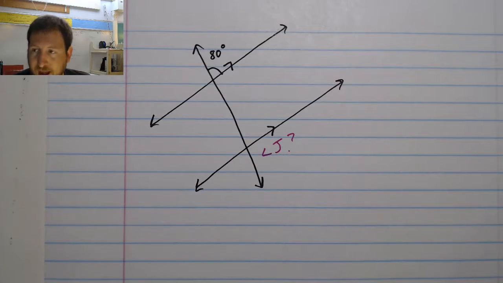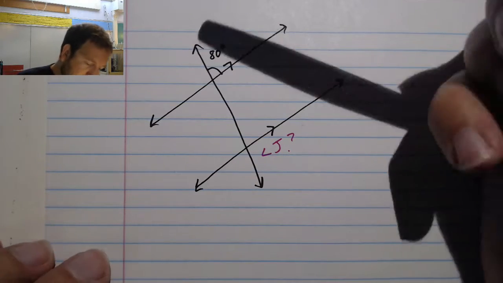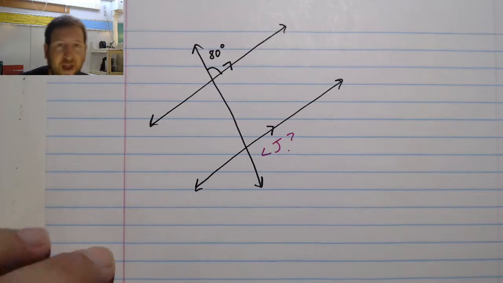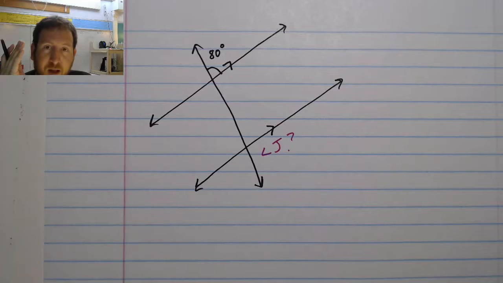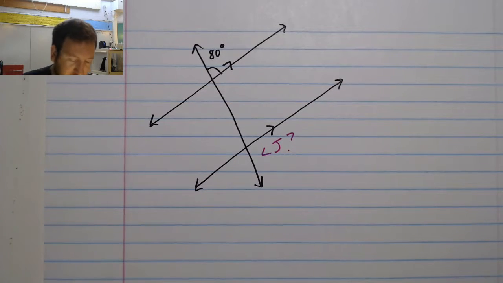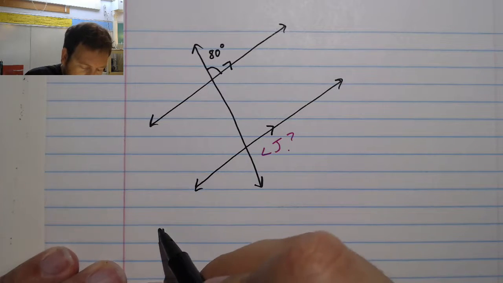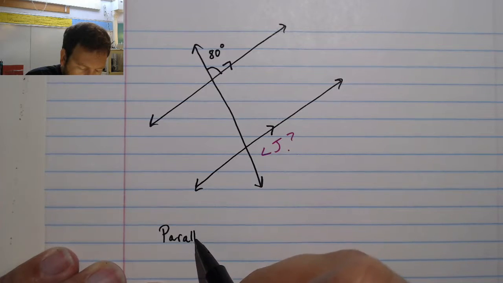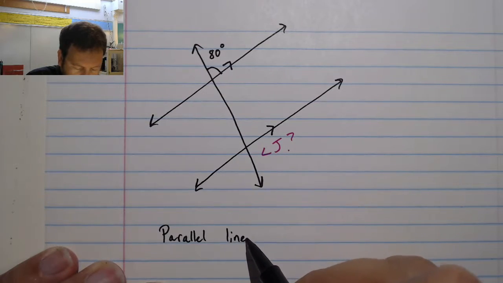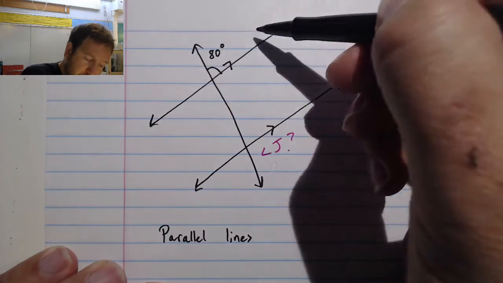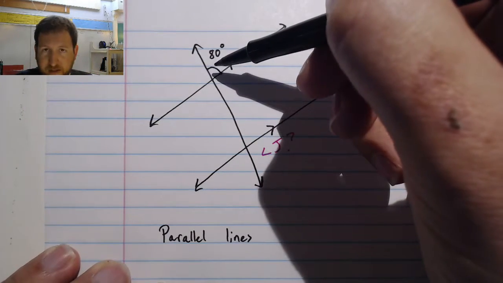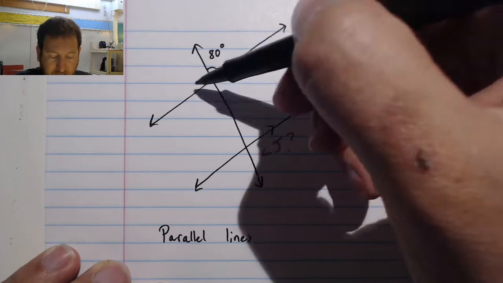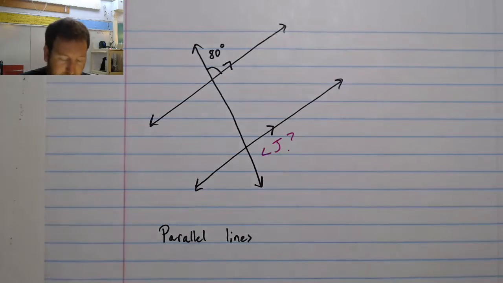Okay, well, how do we possibly get from this angle up here to this angle down here? Well, we can use another property about our parallel lines. And that is, with parallel lines, if I have a parallel line up here, every angle marker on this set of angles is going to be exactly the same as the one below it.